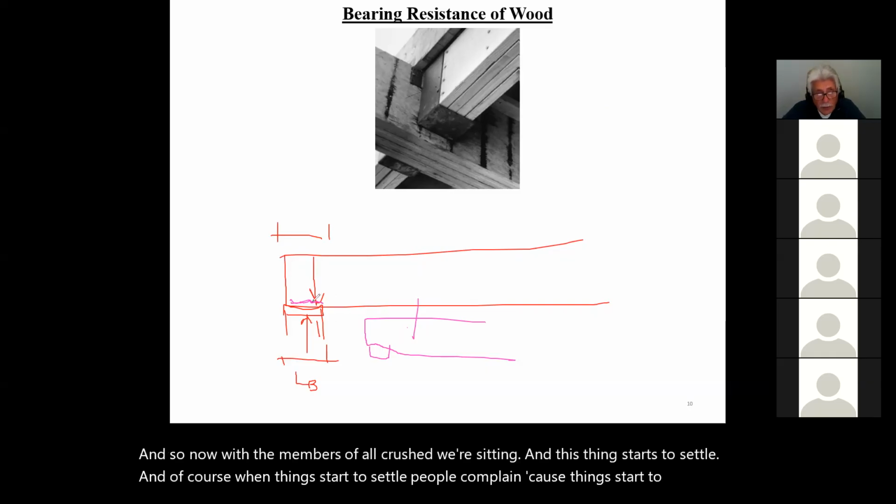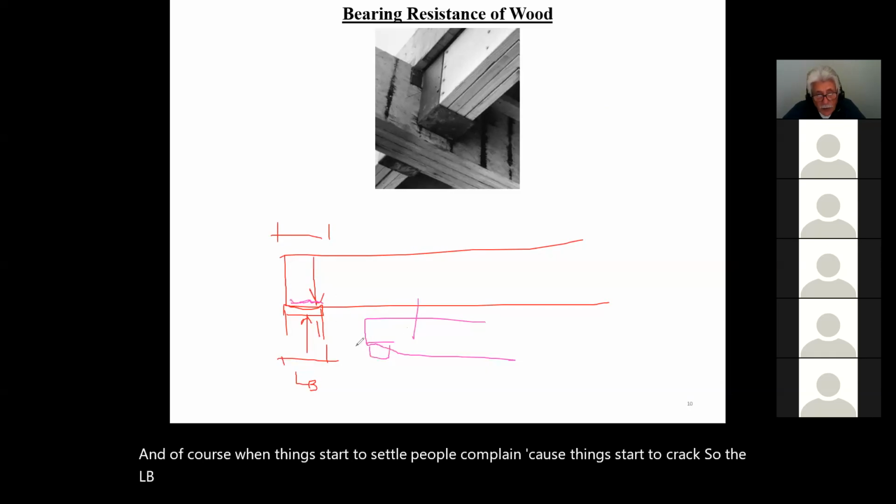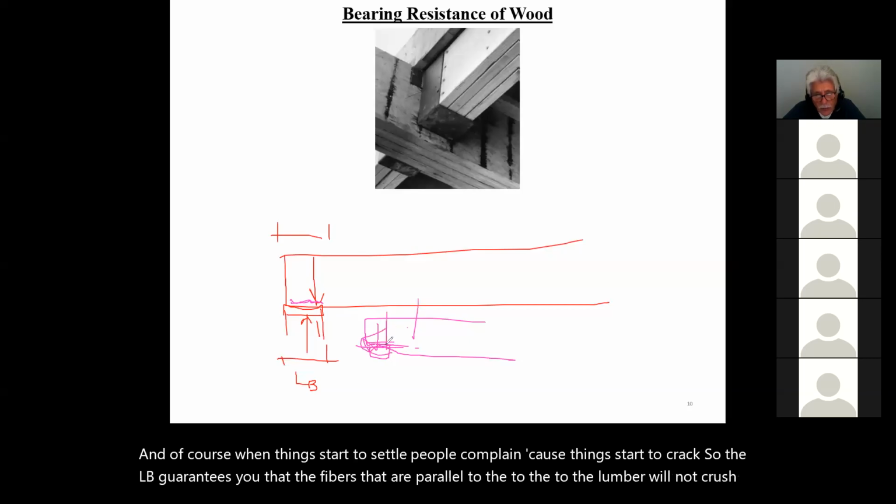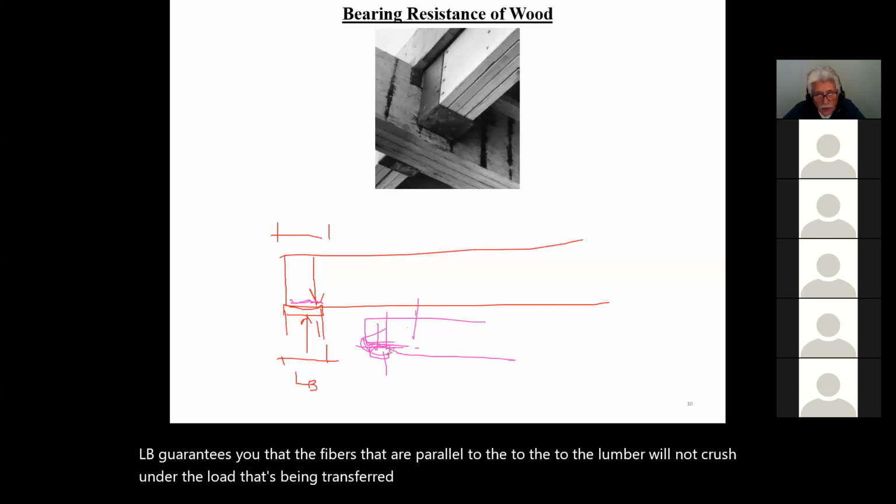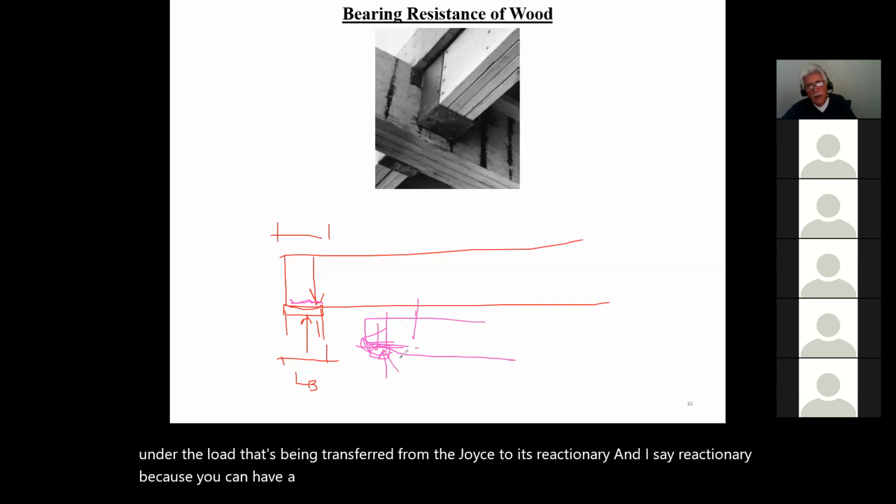So the LB guarantees that the fibers parallel to the lumber will not crush under the load that's being transferred from the joist to its reaction area. And I say reaction area because you can have a joist hanger, a sill plate, a wall, whatever it is. So that's what bearing is.